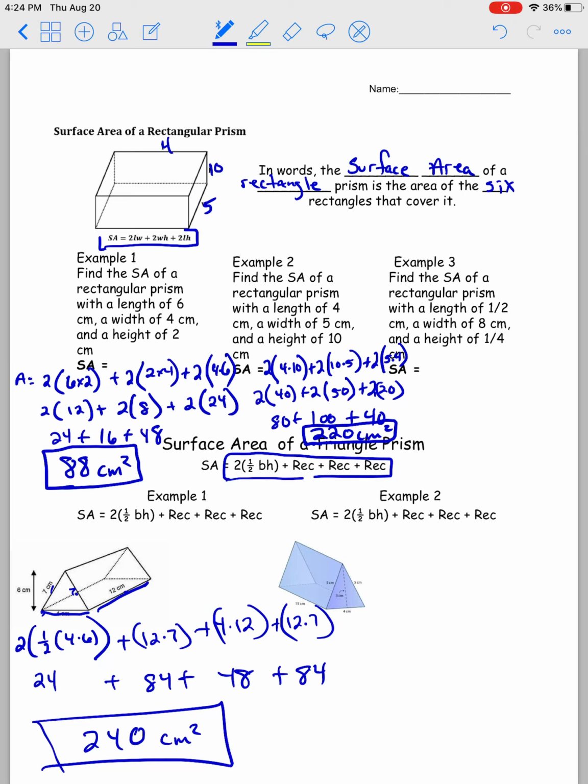All right, let's try one more. It's the same thing, same process. First off, base and the height of your triangles. You're going to have 2 times 1/2 times 4 times 3.